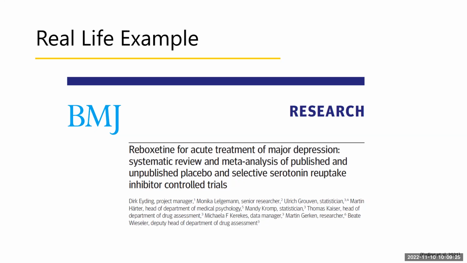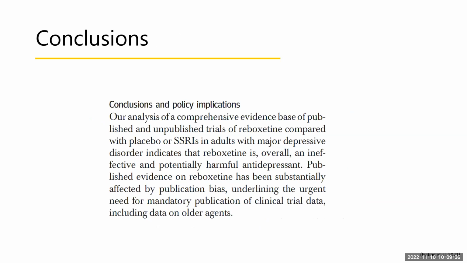The published research said that reboxetine was good, better than placebo and better than some of the other antidepressants. But when they included the unpublished research, they found that overall it's ineffective and potentially harmful. So this is why we want to be careful about publication bias.